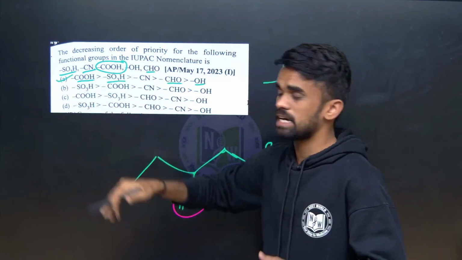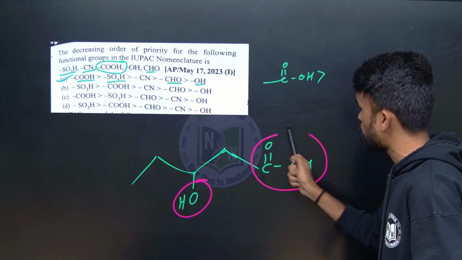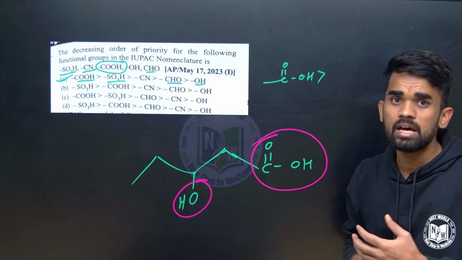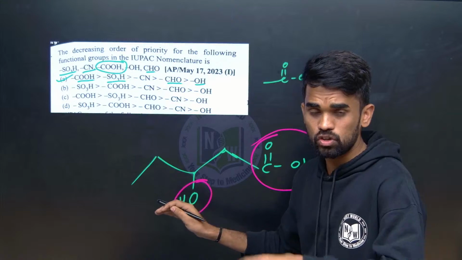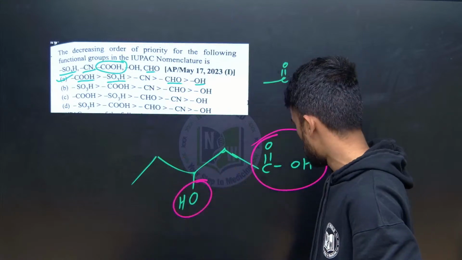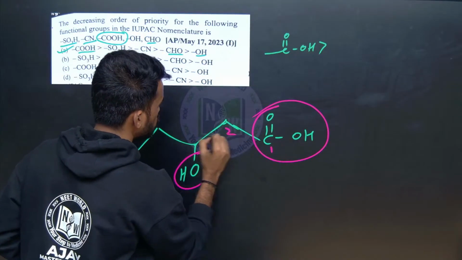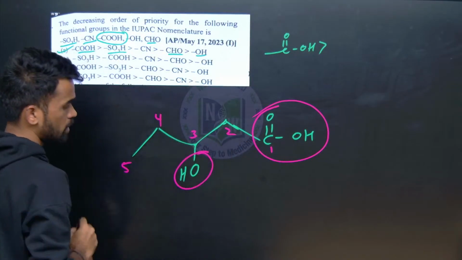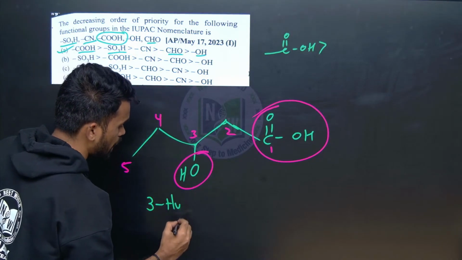So option 1 is correct, as we discussed in yesterday's class also. Now since this is the priority functional group, you have to take this as the principal functional group, and the other functional groups you have to mention as prefixes. So how many carbons are there here in the parent chain? 1, 2, 3, 4, 5, right? So what is the name of this compound? On the third position we have hydroxy. So 3-hydroxy.